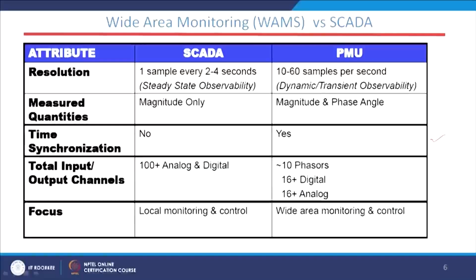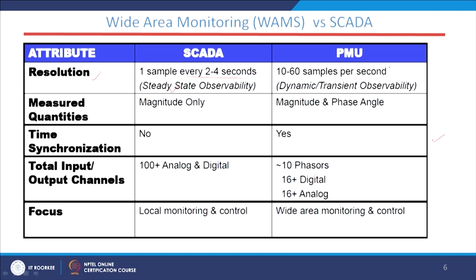This is a small comparison between the SCADA system and the PMU. Here is the SCADA system. If you come to the resolution part, for SCADA it is one sample every 2 to 4 seconds, and the observability is during the steady state only, not during the dynamic state.